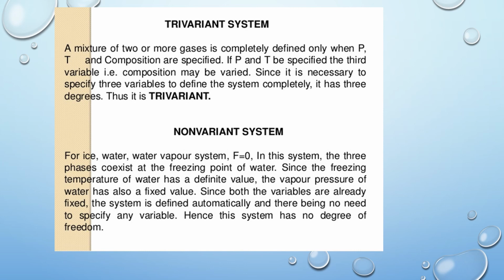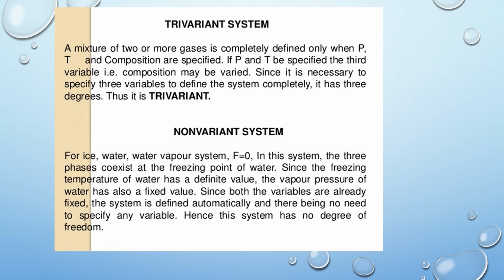Thus, it is trivariant. That is, three variables means the system is trivariant. Two variables means the system is bivariant. One variable means the system is univariant. No variables, that means the system is invariant or non-variant system.